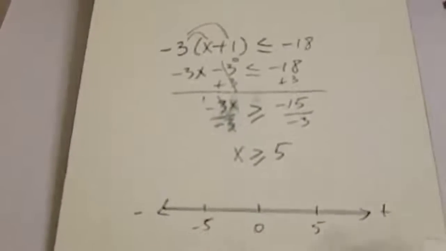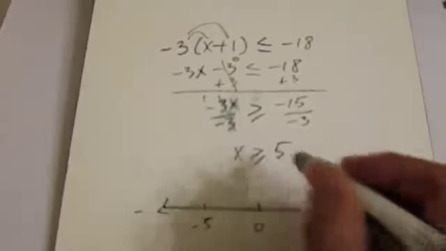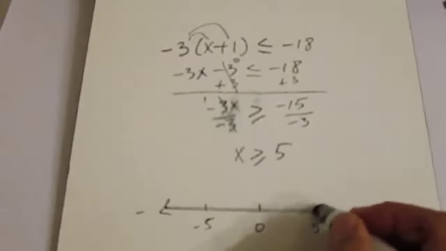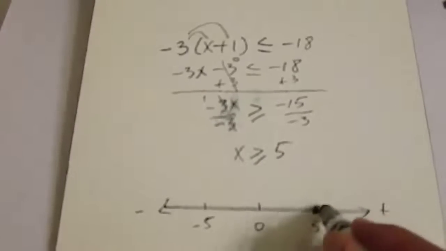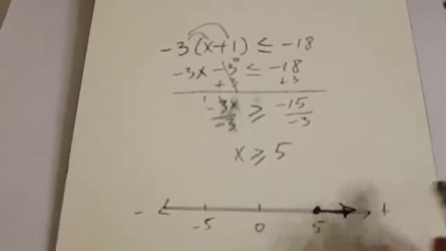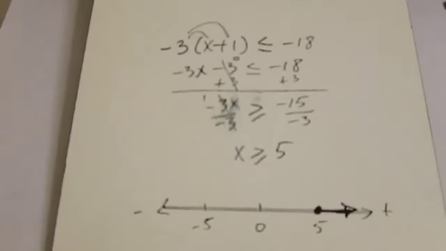So looking at it, that's equal to, therefore I'm going to be dotting it, and I know x is going to be greater than 5, so it's going to be on the right hand side. If you're not so sure, just go ahead and do the line test, but for now I'm just going to skip all that at this point. We're moving on.